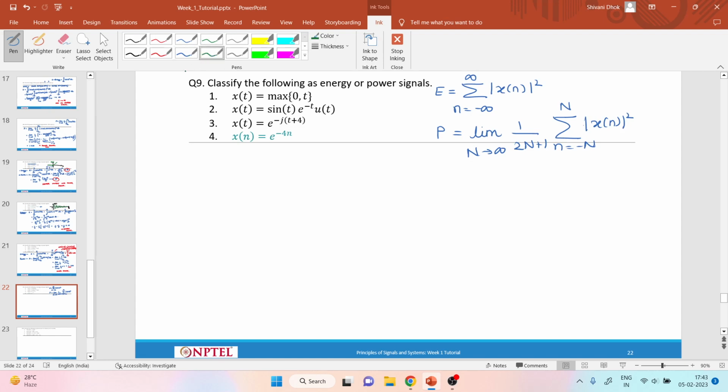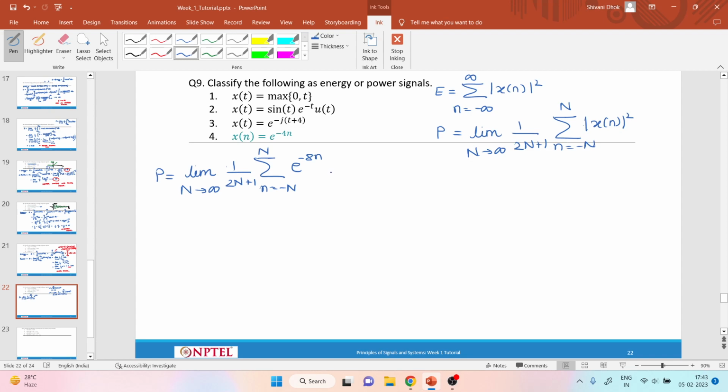Now let us try to find its power first. So we have P equal to limit n tending to infinity 1 by 2n plus 1 summation n equal to minus n to n mod e power minus 4n square. This x of n will always be positive, so no need of mod, so it will be e power minus 8n.